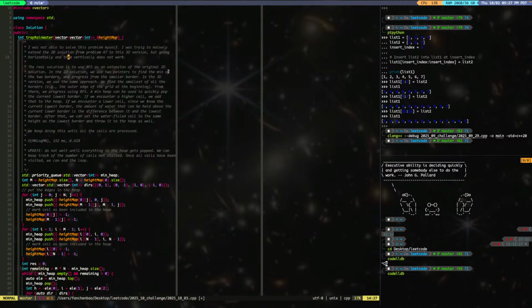Wait, hold on, I don't remember. How do we trap rainwater using 2 pointers? I don't remember.